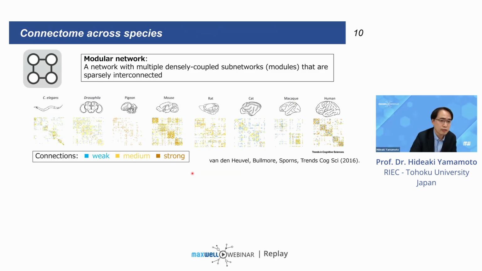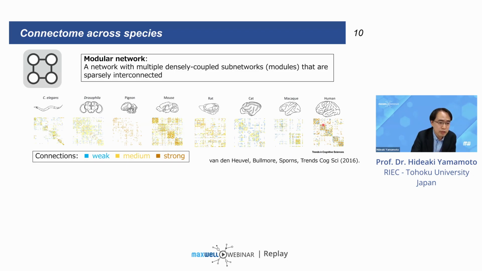Modular networks are characterized by the presence of multiple densely connected subnetworks, which are called modules, that are sparsely interconnected with each other. Shown here are matrix representations of neural connectivity in the nervous systems of various species, ranging from C. elegans to humans. Colors here indicate the strength of connections between neurons or neuronal regions.